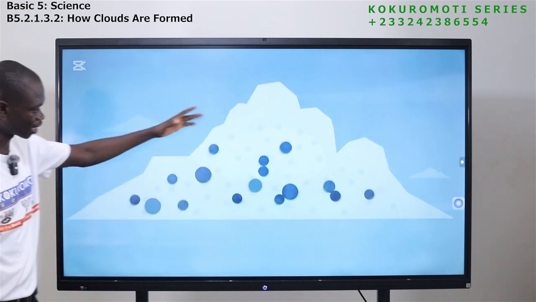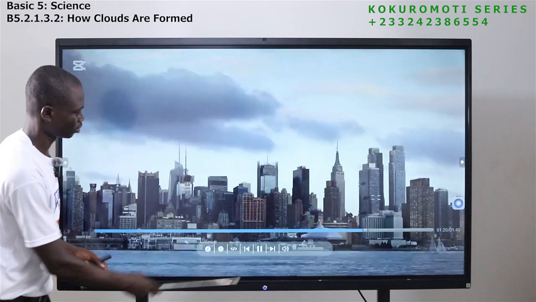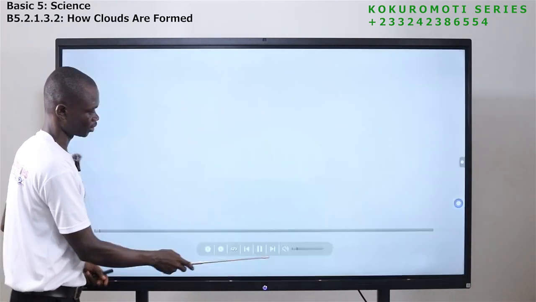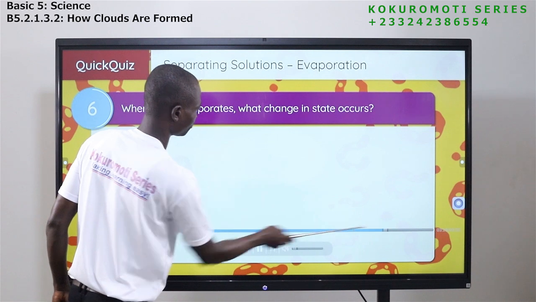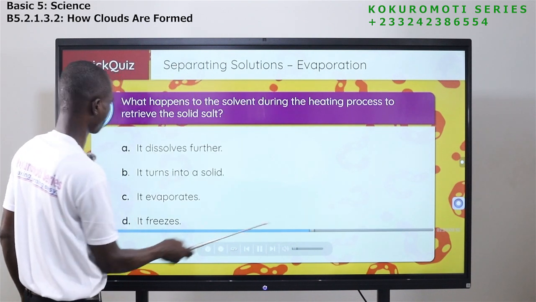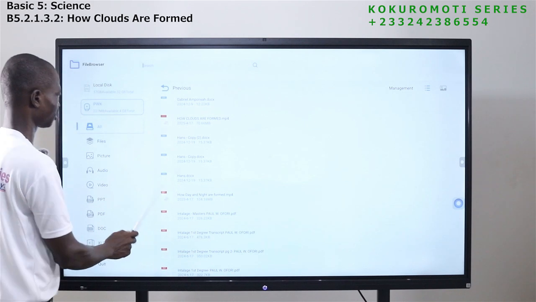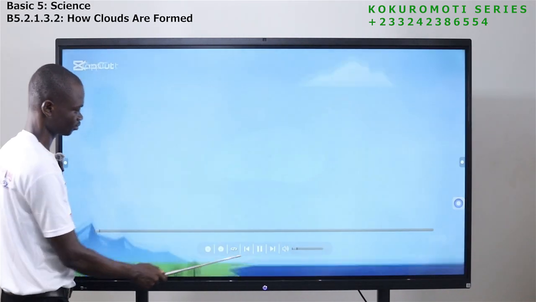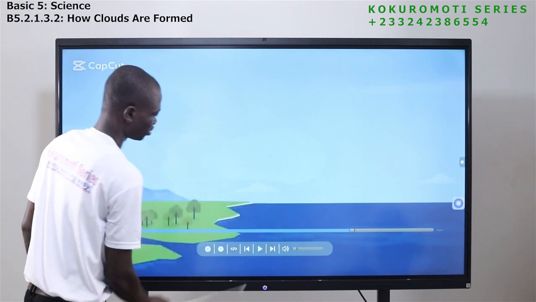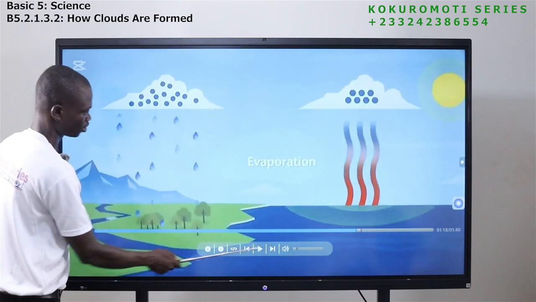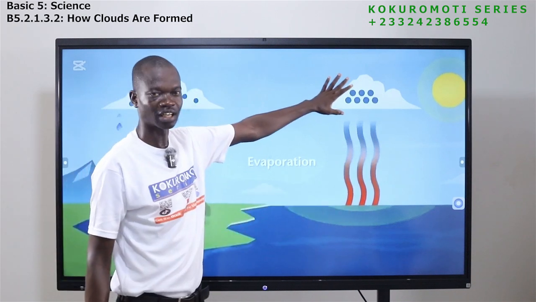So have you seen it? Clouds, and then we have... I want to bring you here. So here, you see that now we have clouds here.